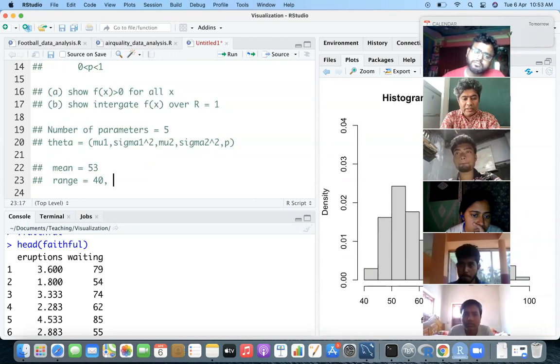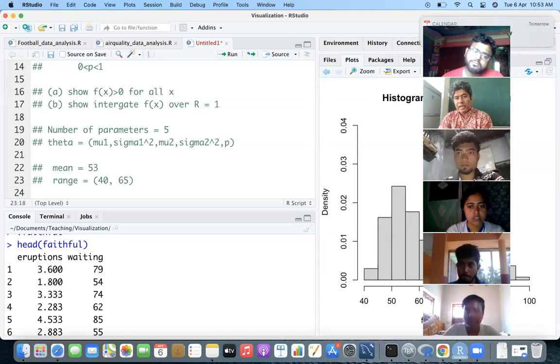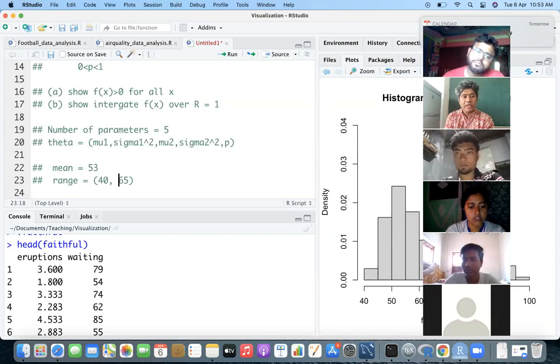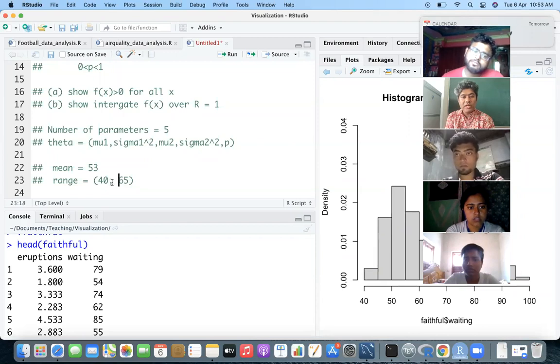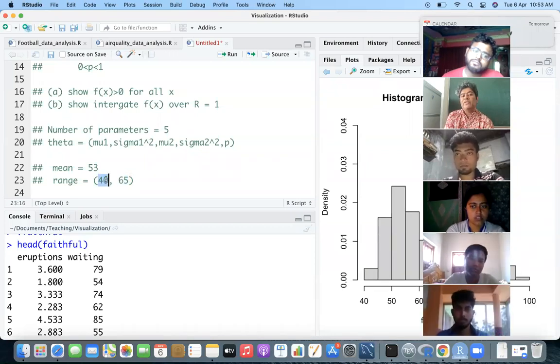So if I say that somewhere here I have a mean, then 2 standard deviations to the right of the mean is this point, and 2 standard deviations to the left of the mean is this point. The total difference between 40 and 65 is somewhat 4 standard deviations.